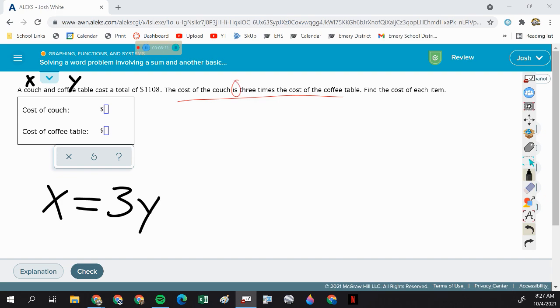So x equals 3 times the cost of the coffee table. Okay, what would the other equation be? How do we represent couch and coffee table? X plus y.